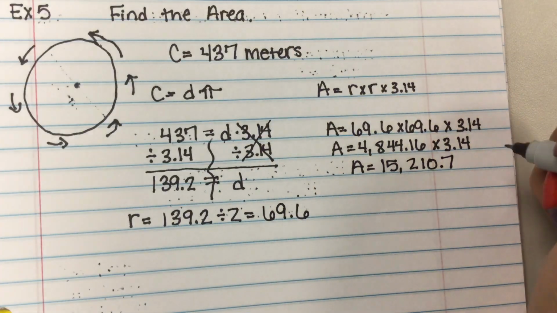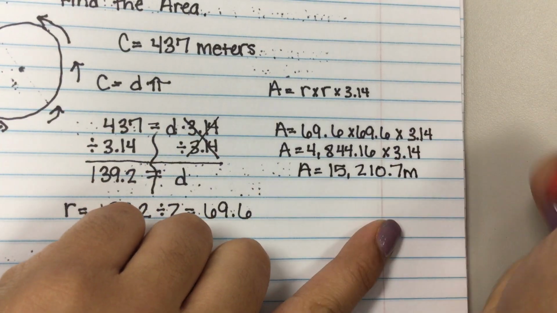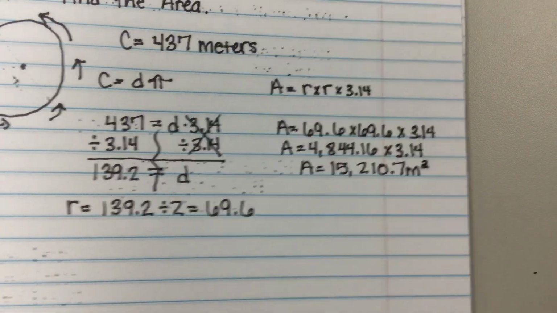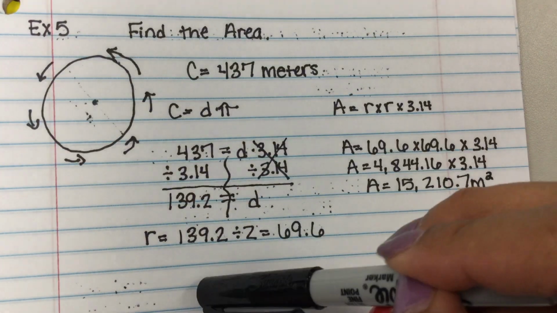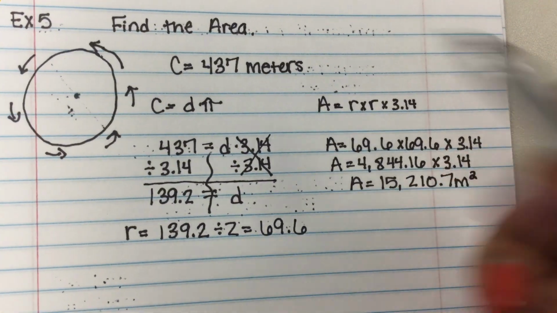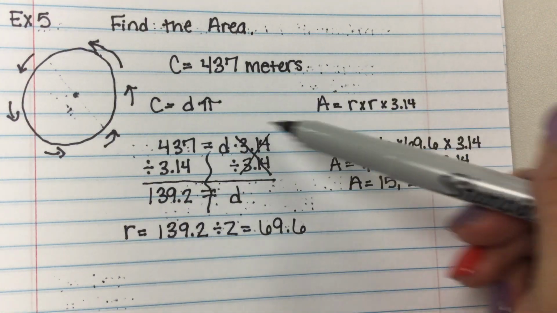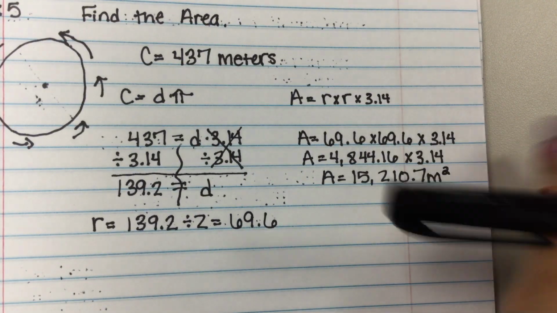And remember, we're talking about meters. So we need our meters, and since this is area, we need squared, okay? So again, we can undo all of this, okay, by doing our opposite operations in order to figure out the radius or the diameter, and then we can use that to find our area, okay?